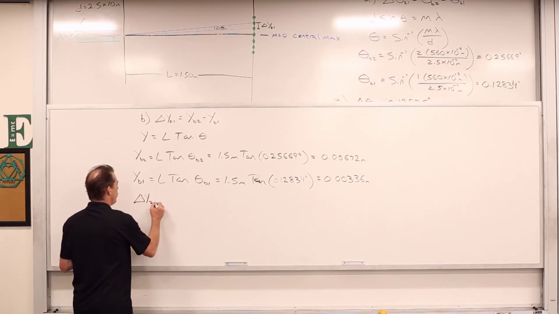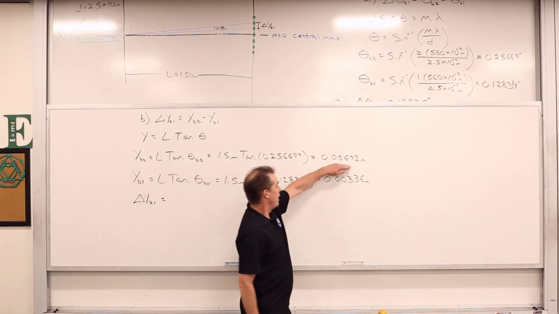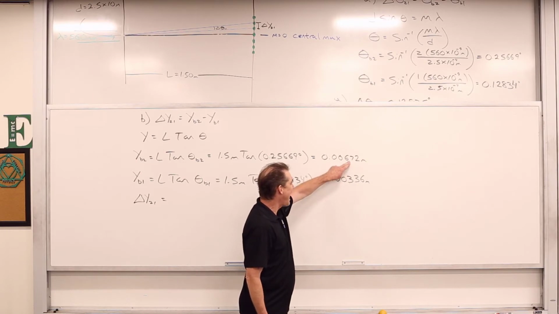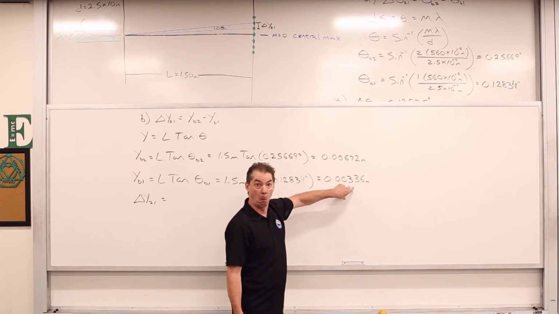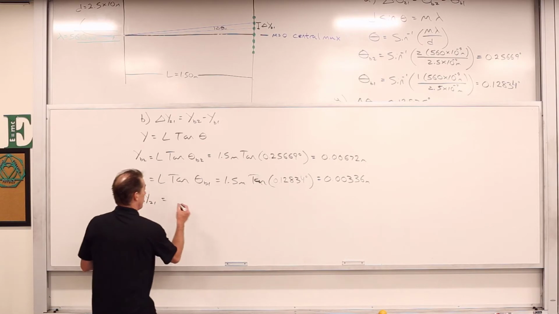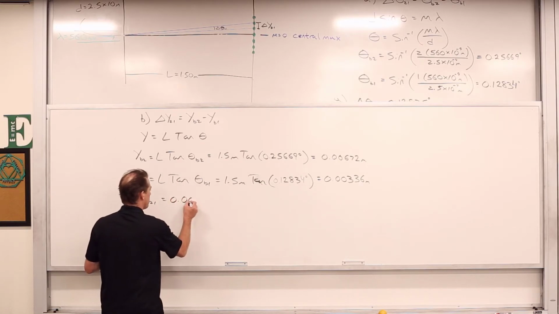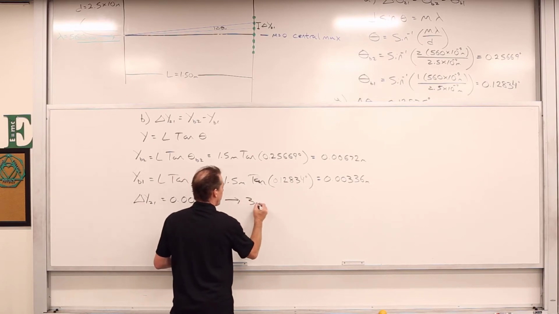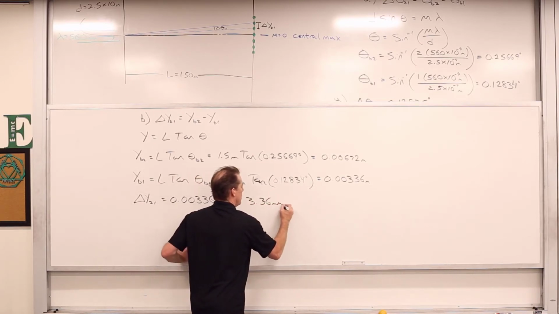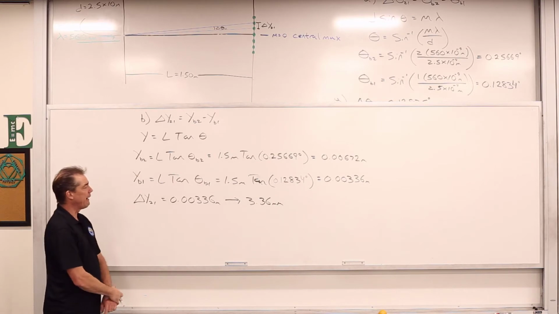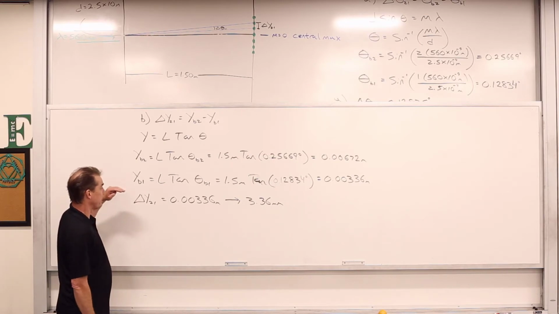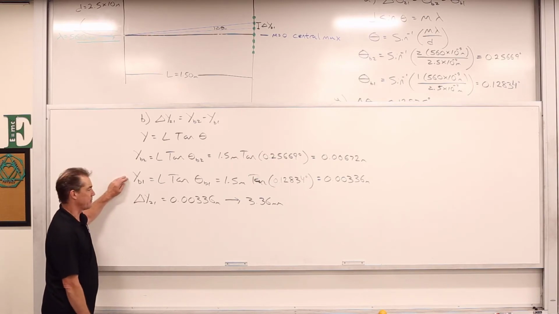Delta y 2,1 is going to be equal to this minus this. Well, look at this. This is exactly 2 times this. So what's half going to be? That's right, 0.00336 meters, or 3.36 millimeters. There is the spatial separation between the first and the second, which is the same as the spatial separation between the principal axis and the first order maxima.